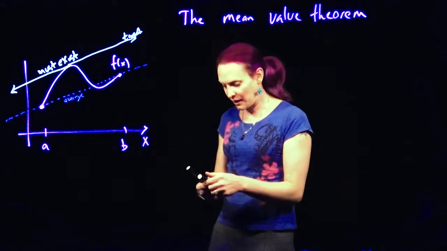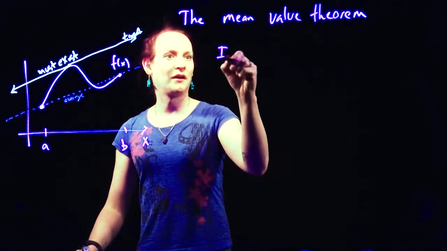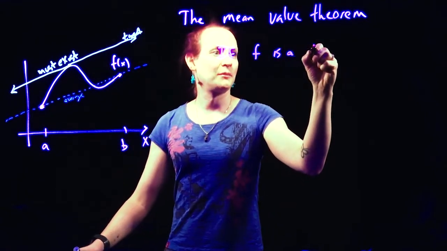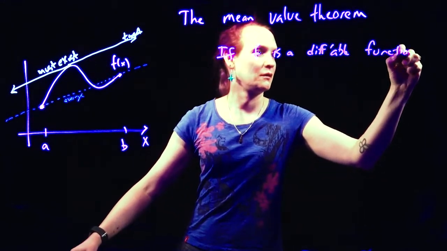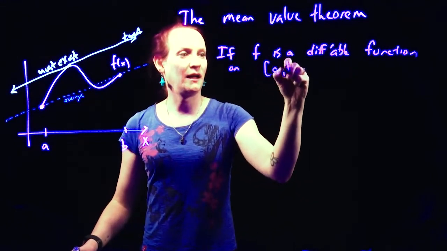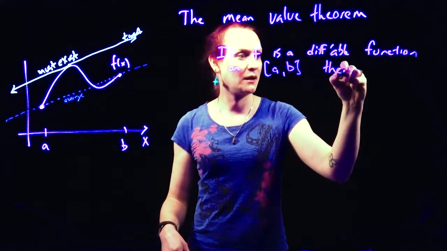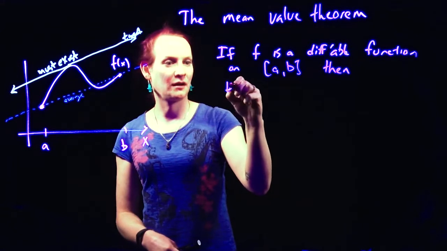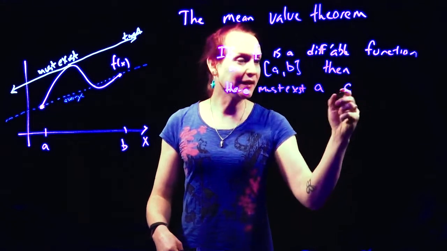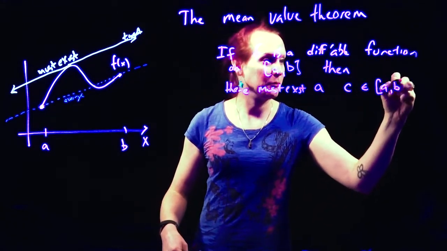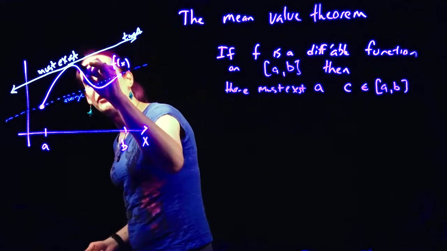Let's get a little more symbolic. So let's take, if f is a differentiable function on an interval from A to B, then there must exist a C in A, B. There has to exist a point C. I didn't label C for you, but what C is it?